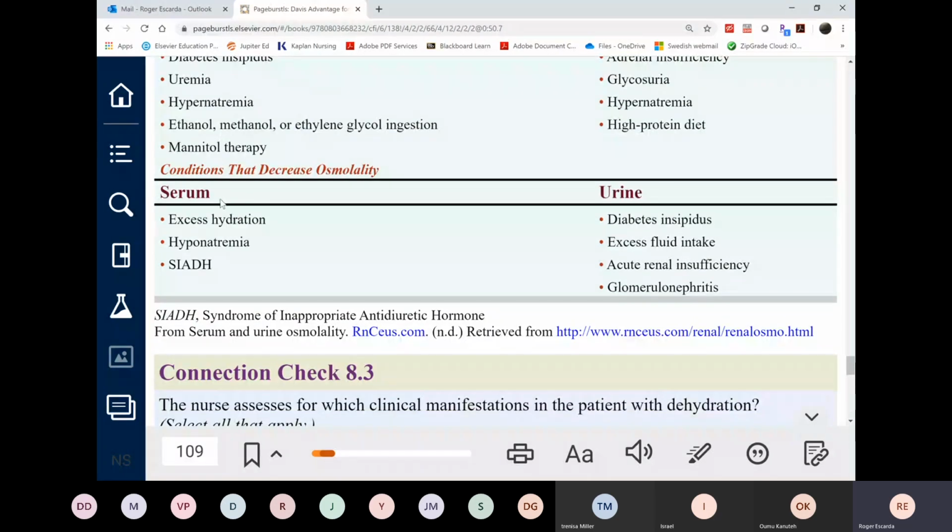And these conditions are the opposite. These conditions decrease osmolarity, or decrease the concentration. So are they in fluid volume deficit or fluid volume overload? They decrease the concentration, so what's happening to the blood sample? Is it diluted or concentrated? Diluted.